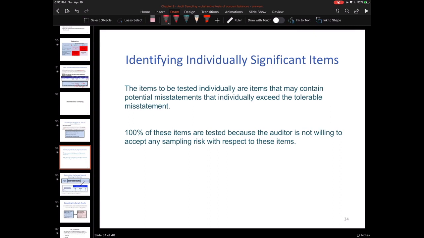And this is another big reason why you would choose to perform non-statistical sampling, a big motivation. You have a number of items in the population that are individually very significant, possibly even individually larger than TM or individually larger than materiality.